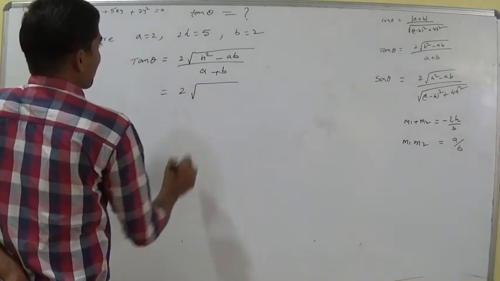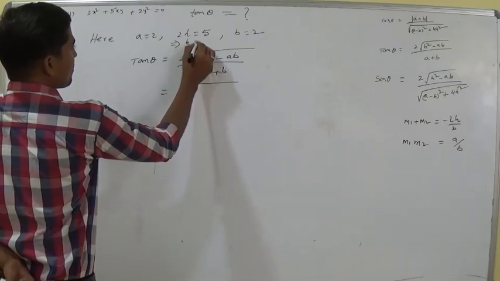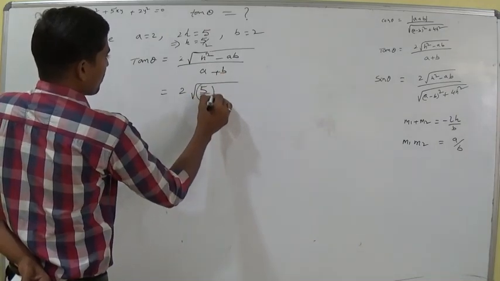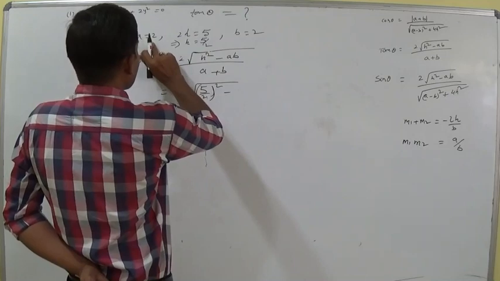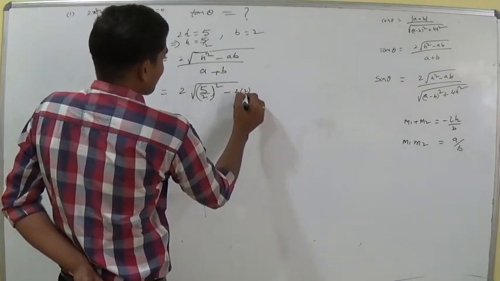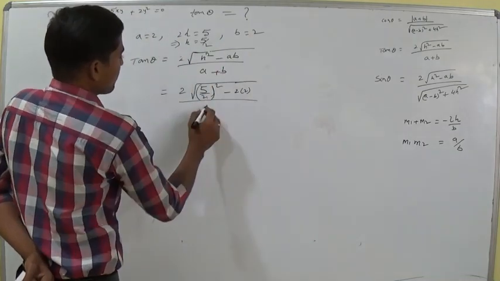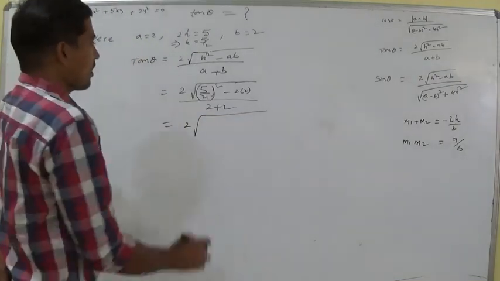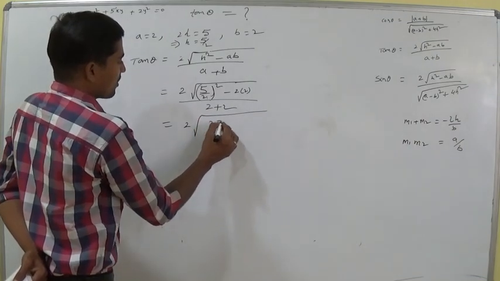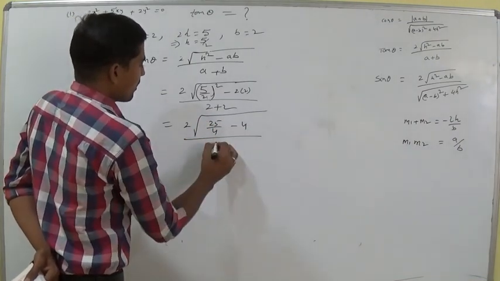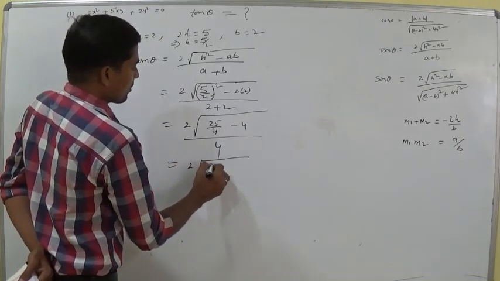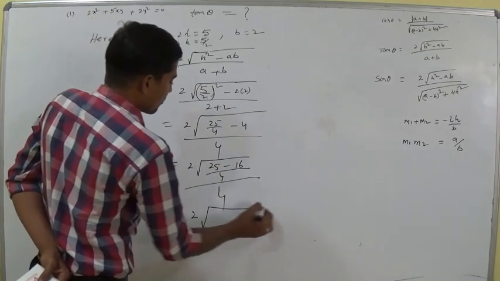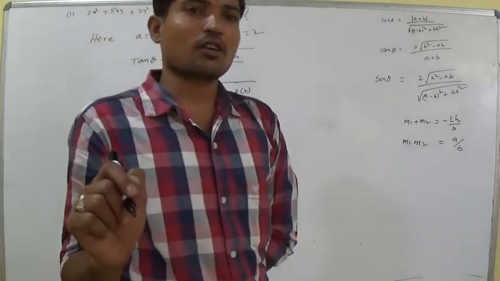two into h square. 2h is equal to 5, then h is equal to 5 by 2. 5 by 2 whole square minus ab, 2 into 2, by a plus b, 2 plus 2, which is equal to 2 into square root of 5 by 2 whole square, 25 by 4 minus 4 by 4, 2 square root of 25 minus 16 by 4, by 4, which becomes 2 into square root of 25 minus 16 is equal to 9.